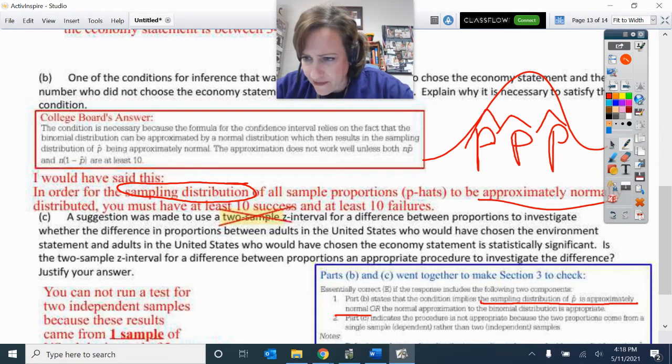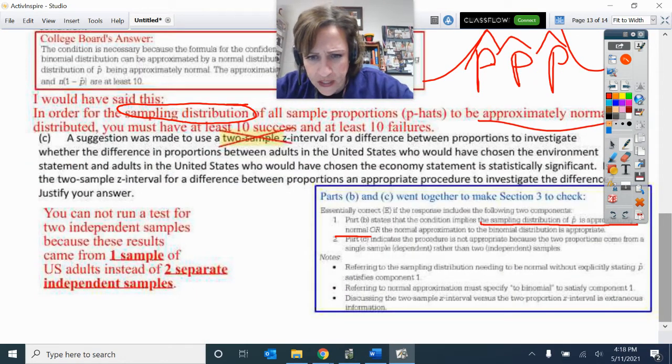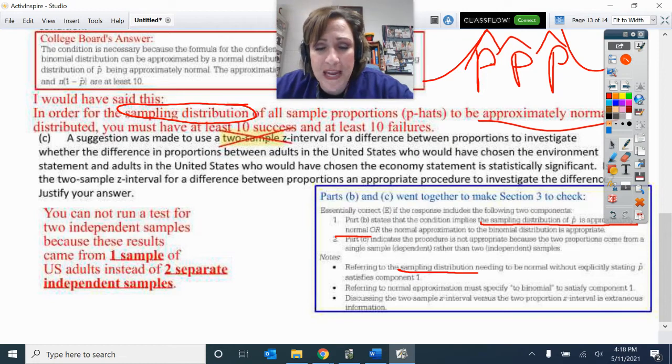So if you don't have that, notes referring to the sampling distribution needing to be normal without explicitly stating p hat satisfies component 1. So if you didn't specifically say p hat, but they wanted sampling distribution, in order to make the sampling distribution approximately normal was required. Okay?